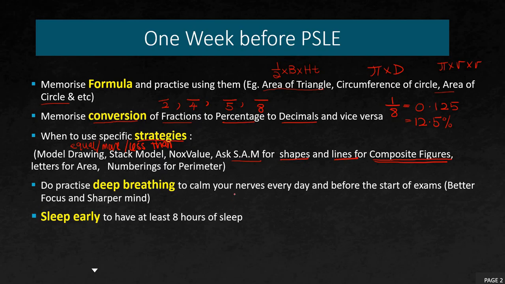But in the event where composite figures have a few shapes inside, you may want to use letters to represent your shapes for the area, so that when you present your answers, you are able to present them very well. For example, letter A represents a rectangle in the shape. So the letters that you use will be well established.